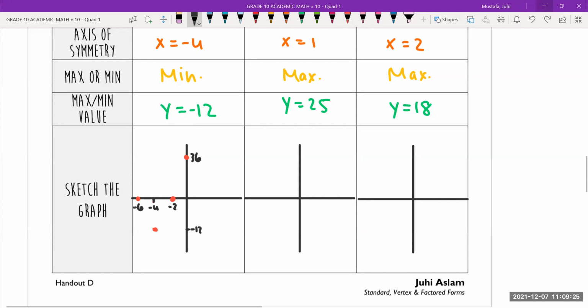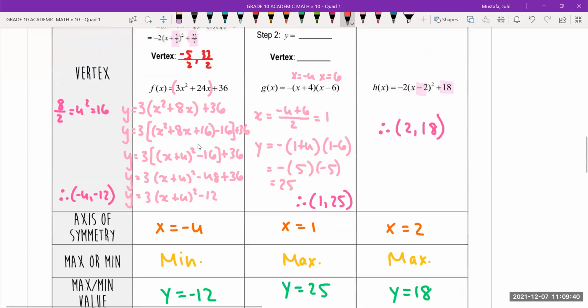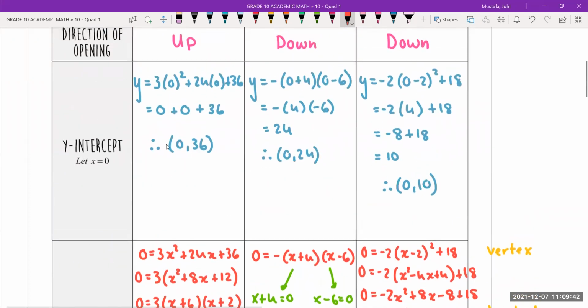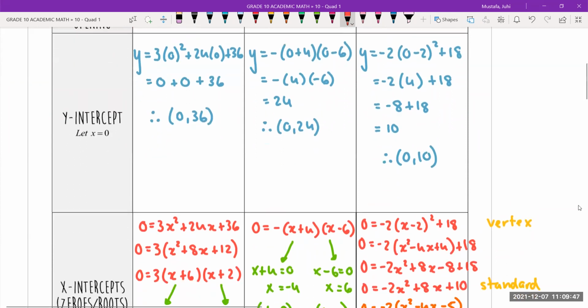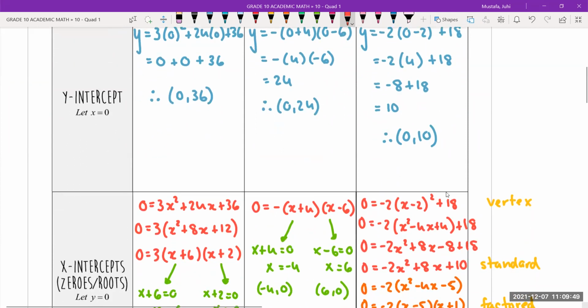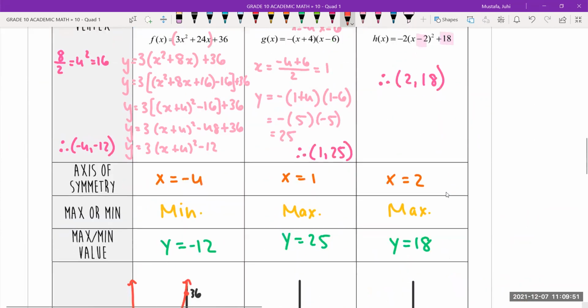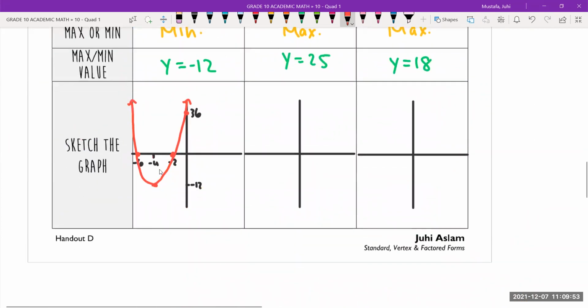Safir? Scroll up to or go to where we calculated the y-intercept at the top of your sheet. See how it says it's 0, 36? See up here? The very first box that we calculated, 0, 36? Yeah. And that's a sketch of our graph. It has our x-intercepts, y-intercepts, vertex, etc.